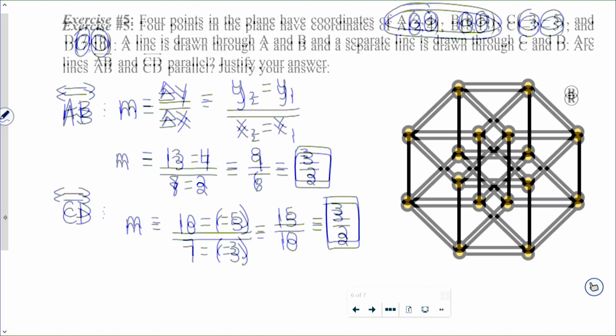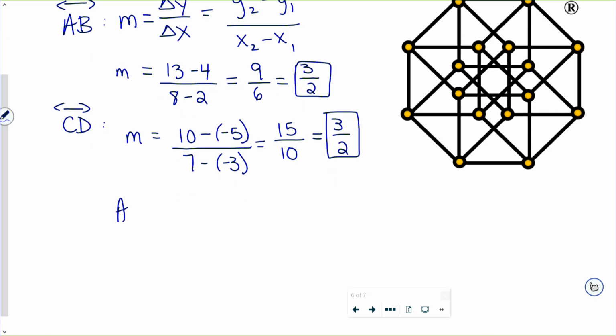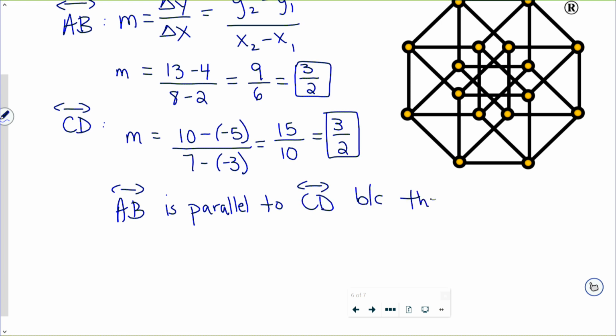And so I can say that AB is parallel to CD because their slopes are equal.